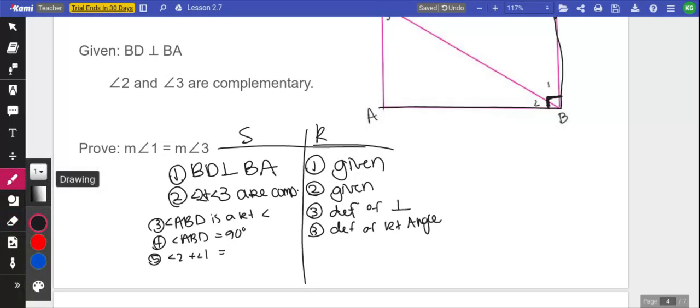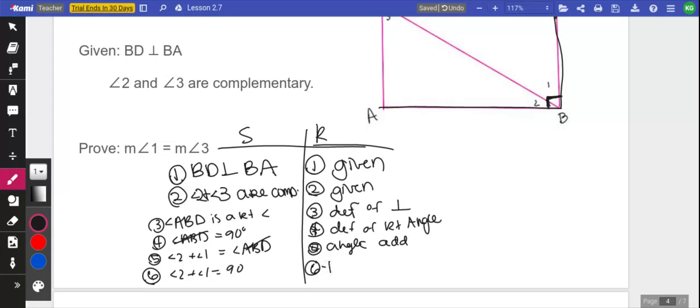Angle 2 plus angle 1 equals angle ABD, because that is angle addition. Now I can say, cross out the middle guys, angle 2 plus angle 1 equals 90 by, I got off on my numbering, transitive.